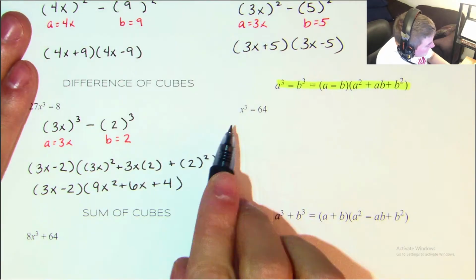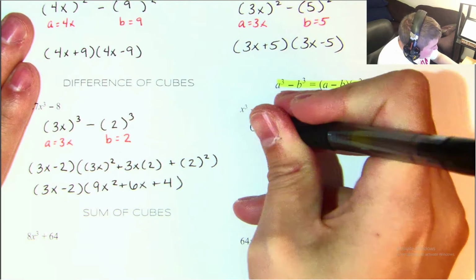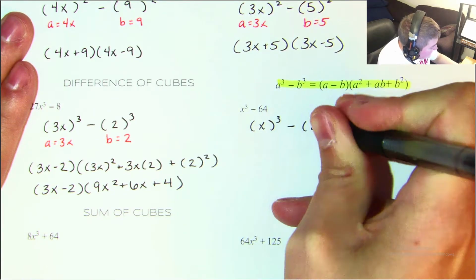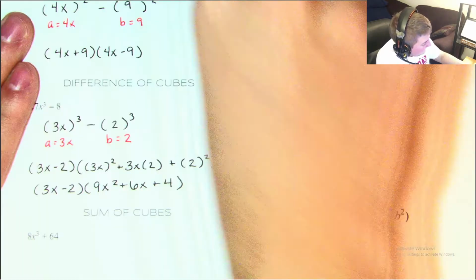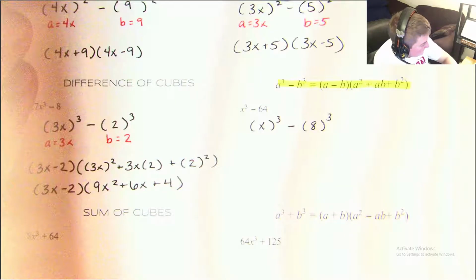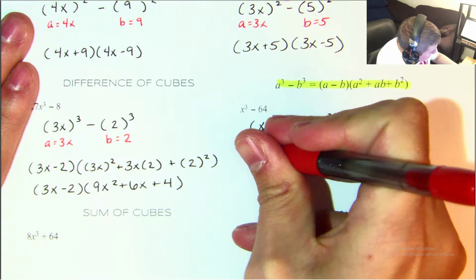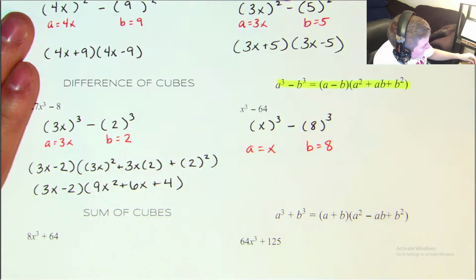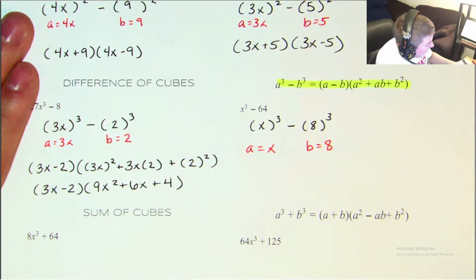x cubed is a perfect cube. Its root is x. And then 64 is a perfect cube. Its root is 8. Meaning I have an a value of x and a b value of 8. So I can go ahead and plug it in.